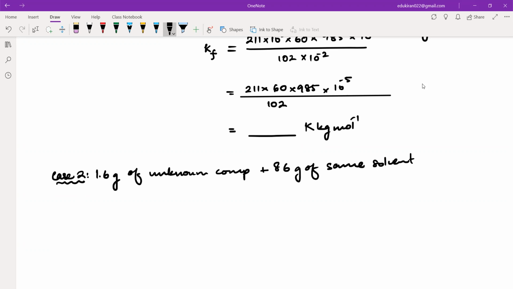And the decrease in freezing point is how much? Delta TF is 0.34 Kelvin. Okay.